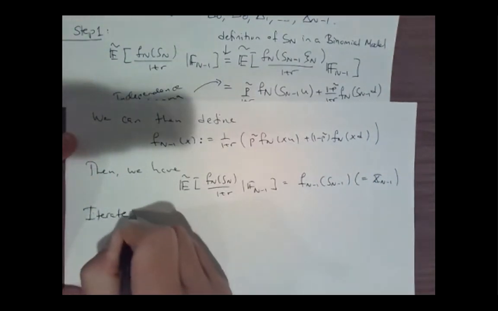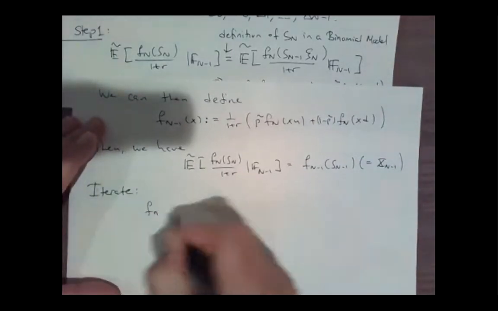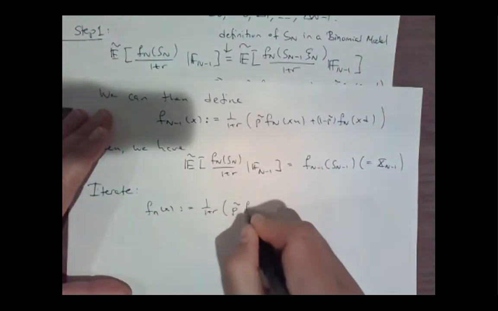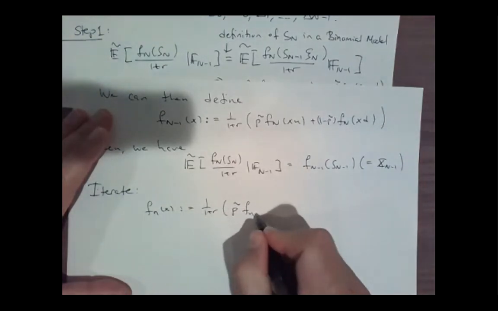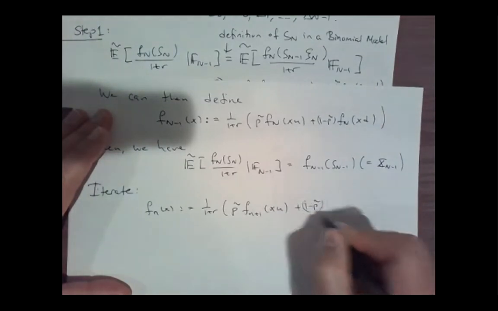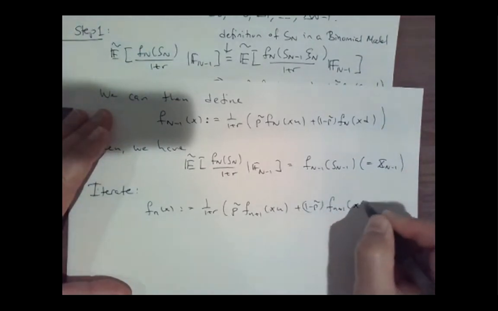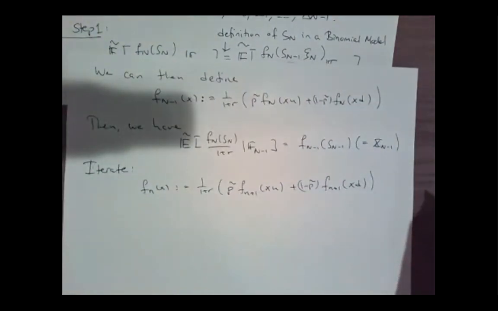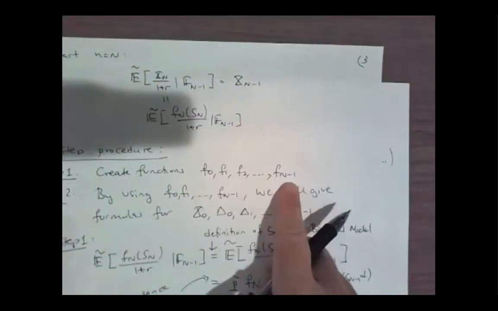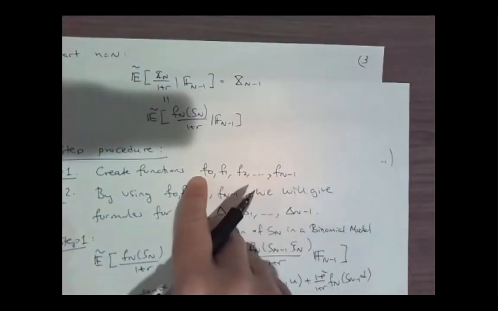So you can get f_n of x is going to be exactly this formula up here: 1 over 1 plus r, p tilde f_{n+1} of xu plus 1 minus p tilde f_{n+1} of xd. This here is how we create a bunch of functions: f_{N-1}, f_{N-2}, all the way down to 0.